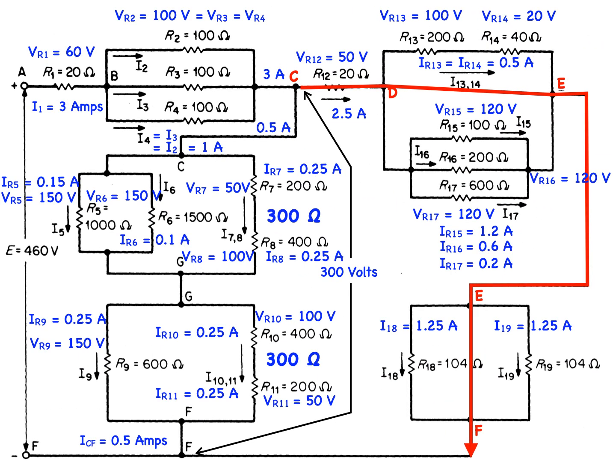The last thing we need to calculate is the voltage drop across resistors 18 and 19. For that, again, we will use Ohm's law. The voltage drop across R18 is equal to 1.25 times 104, or 130 volts, and VR19 also equals 1.25 times 104 for the same 130 volts.